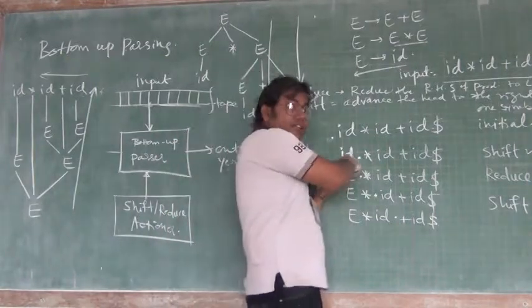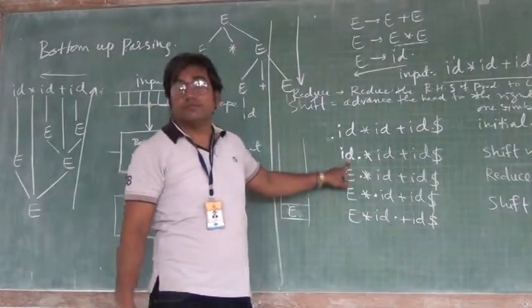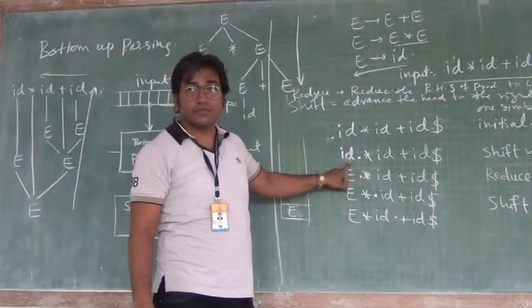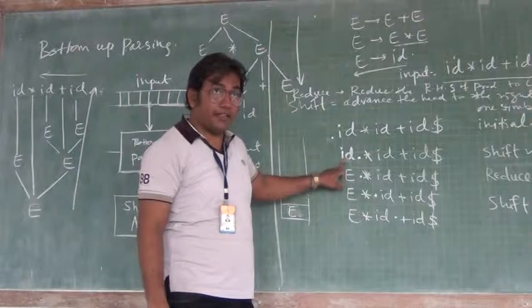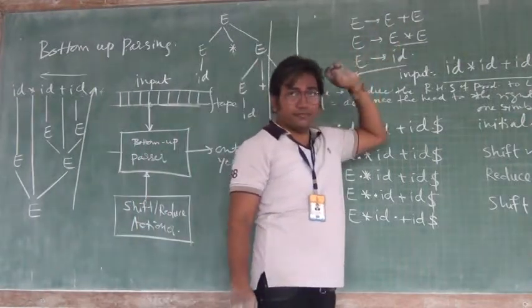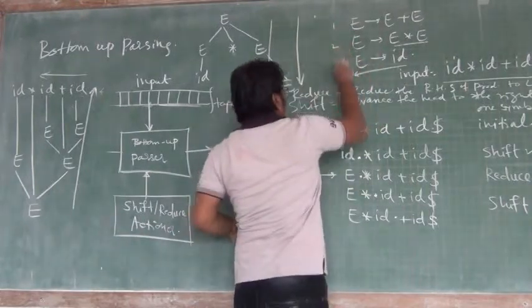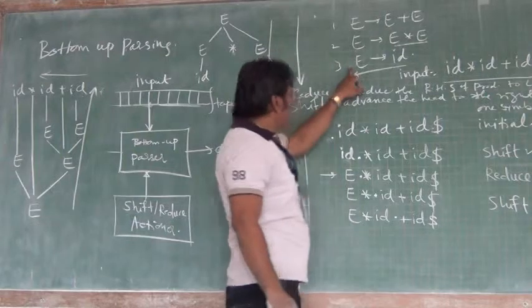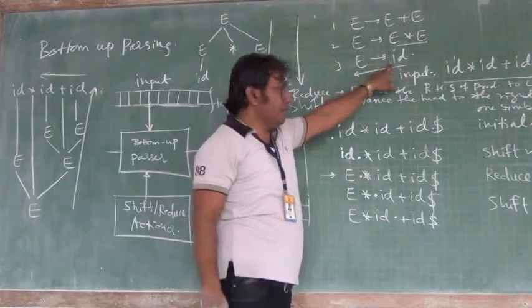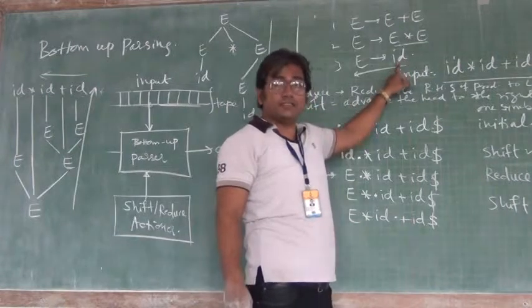Once I read this ID, I need to check whether this pattern is at the right hand side of my list of productions. यहाँ पे आईडी है, आपने आईडी रीड किया है, वो आईडी प्रोडक्शन की राइट हैंड साइड में है क्या? If I number the productions like this, in the third numbered production I am getting the match ID at the right hand side. So what do I need to do in that case?